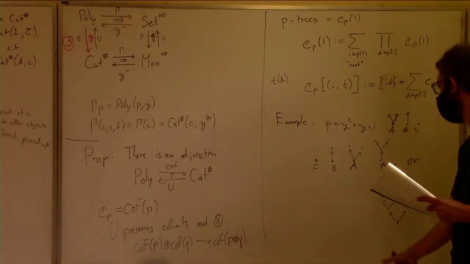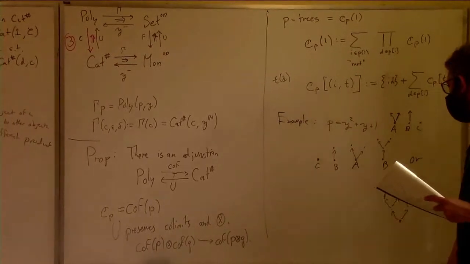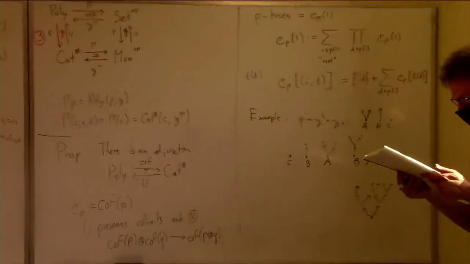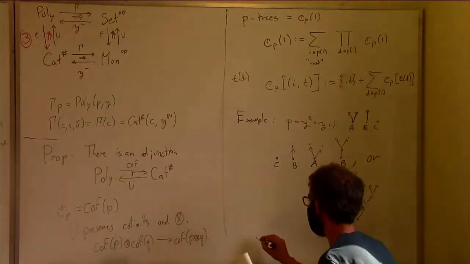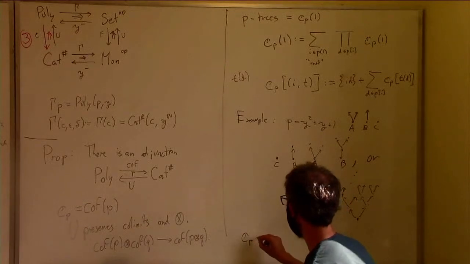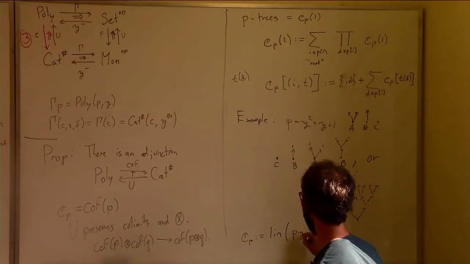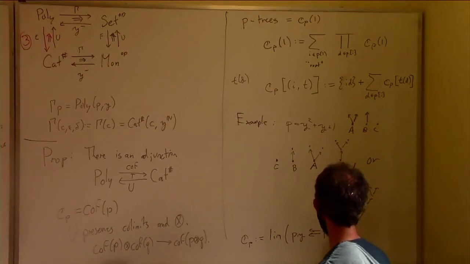Or this. Okay. I keep going back and forth about which one's more interesting as another example. Yeah. I mean, formally, you can get C P as the limit of p y, and there's like 2 maps from p y composed p y to this thing.